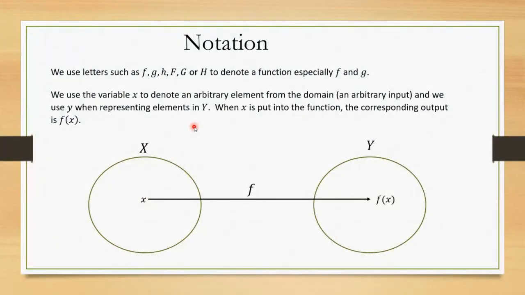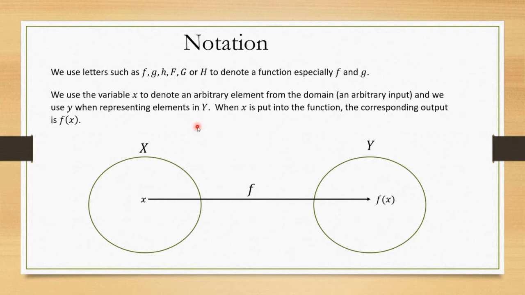Here, usually for a function, what we like to do is use letters, as you saw already, f. Sometimes people use g, h, or capital letters like capital F, capital G, capital H. Usually from the context, you'll be able to tell what notation is being used for the function.